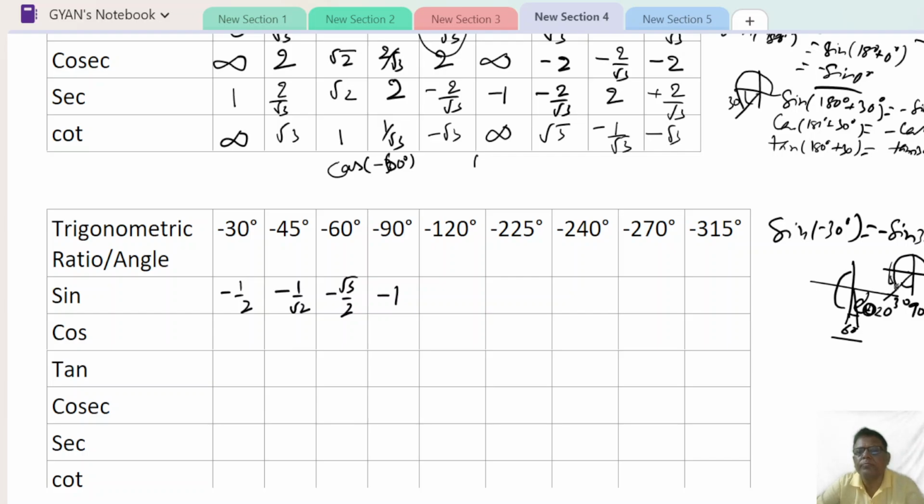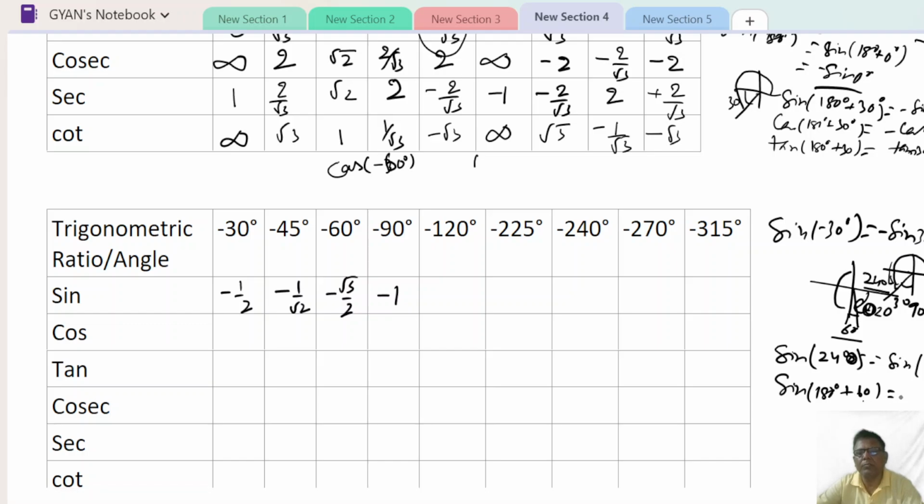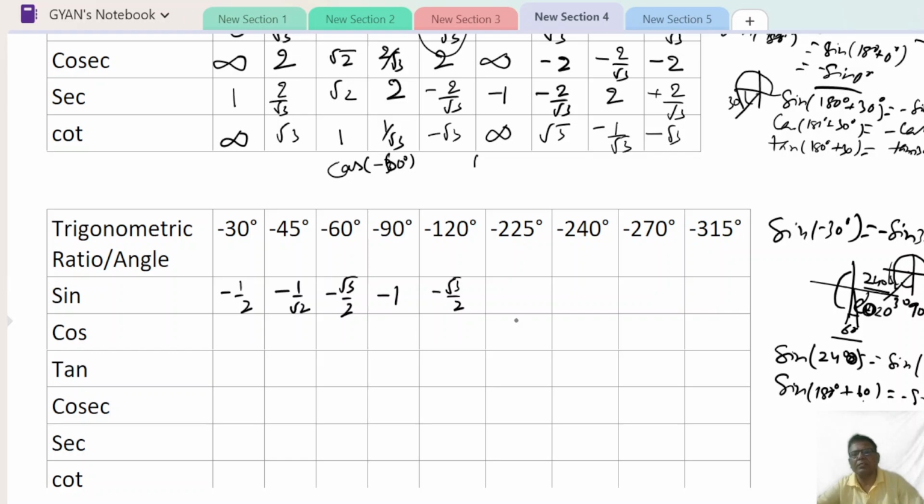This angle will be 240 degree. So you will have to write sine 240 degree equal to sine minus 120 degree. So this is sine 180 degree plus 60 degree, that is equal to minus sine 60 degree. So minus root 3 by 2 will be the answer.